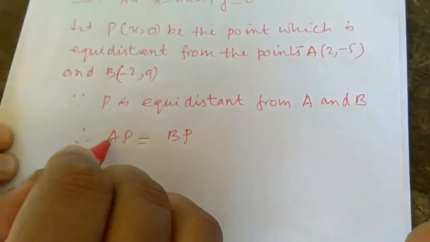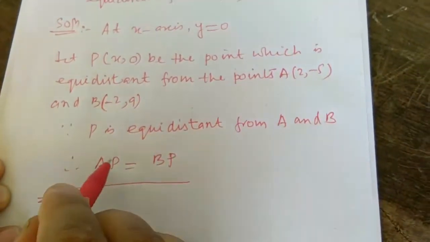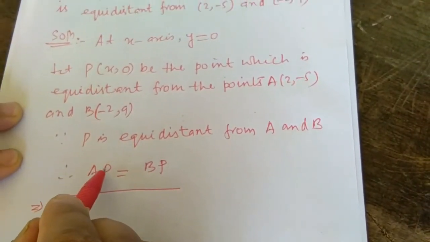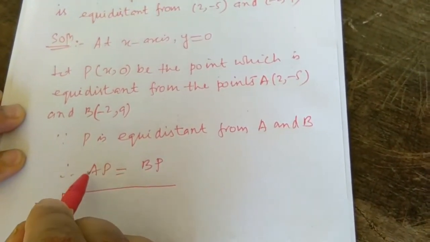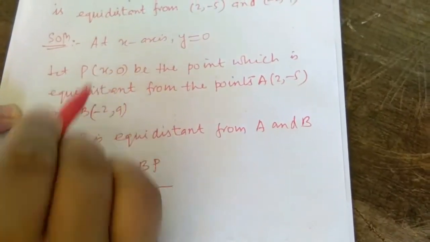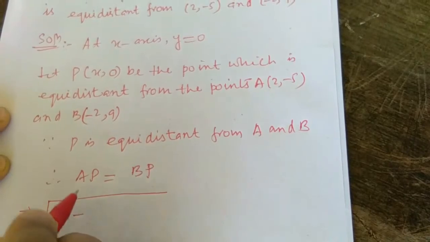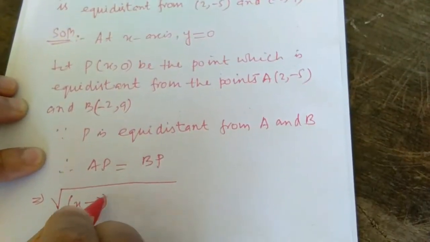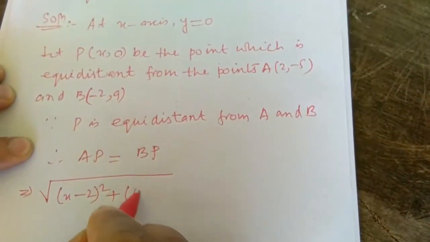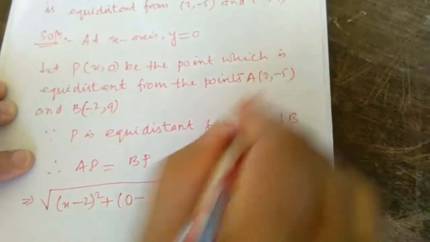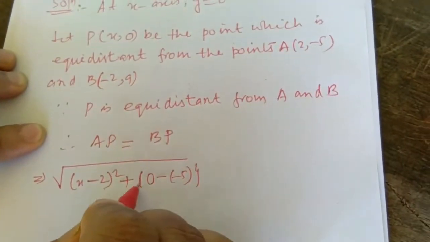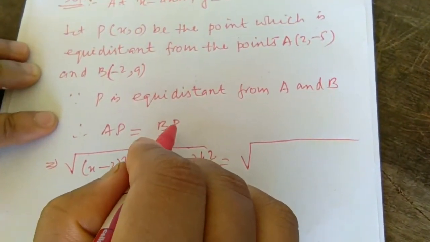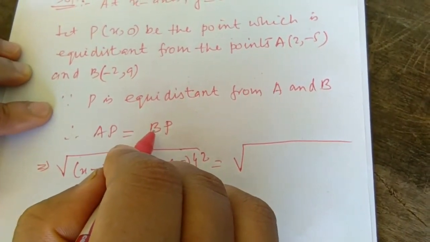Now the formula: distance between A and P, root over, the coordinate of P will be your x2, y2, and A will be your x1, y1. So here x2 means x minus x1, which is the coordinate of A, 2 whole square, plus y2 means 0 minus y1, y1 means -5, so -5 whole square equal to, similarly BP, coordinate of P will be your x2, y2, B will be your x1, y1.